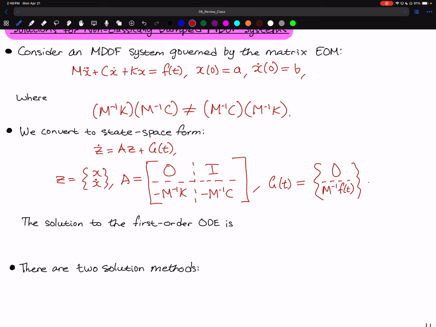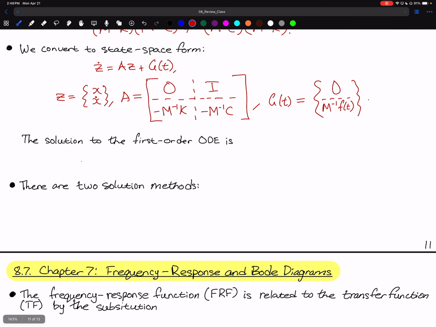We can write out the solution as z of t is equal to e raised to the matrix A times t, and here I am going to put the matrix notation just so that we are aware that that's a matrix exponential, times the vector of initial conditions, plus the integral from 0 to t of e raised to A times (t minus tau) times the force g of tau d tau.